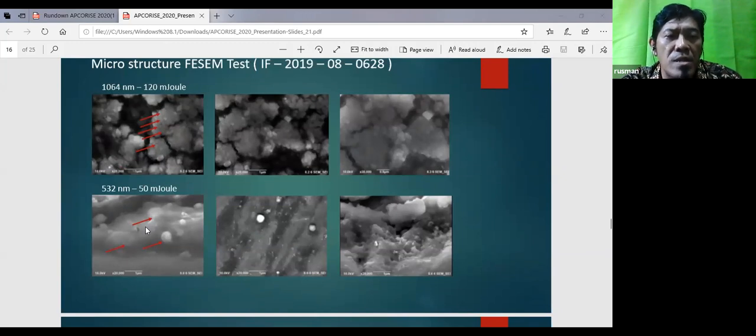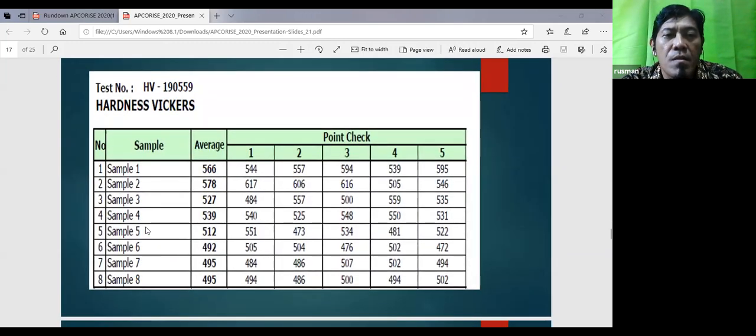But for the 532 nanometer wavelength, the grain boundaries are already not clear because some of the surface already melted.